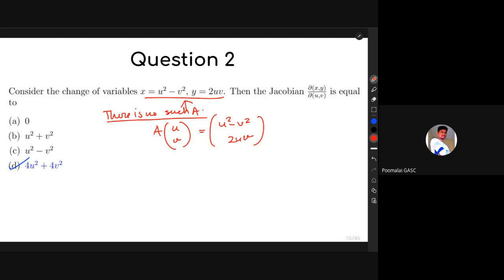For example, if you are integrating something involving a sine, and the limits are given in terms of x and y, it is better to change into polar coordinates than working with Euclidean coordinates. So one of the applications is to simplify the calculation. If you change the variable, it will help you simplify the calculation.